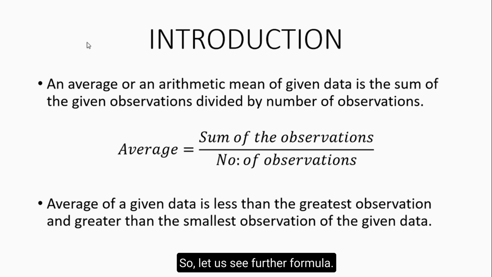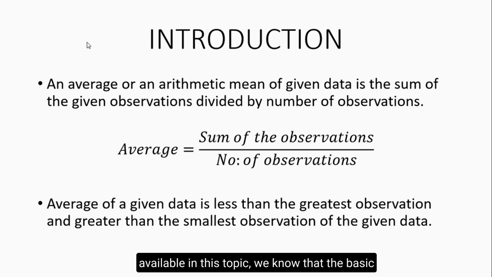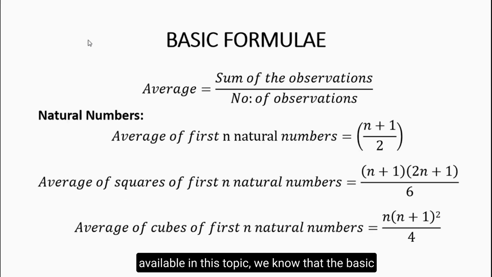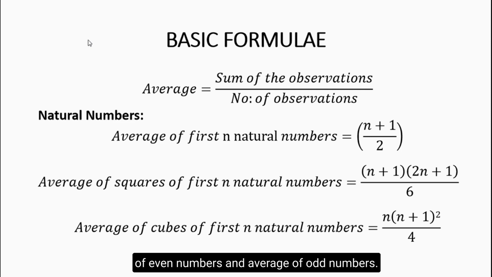So let us see further formulae in order to easily solve the various conceptual questions available in this topic. We know that the basic formula of average is equal to the sum of the observations divided by the number of observations. In order to calculate average on the numbers, the formula can be differentiated into three types: average of real numbers, that is natural numbers, average of even numbers, and average of odd numbers.